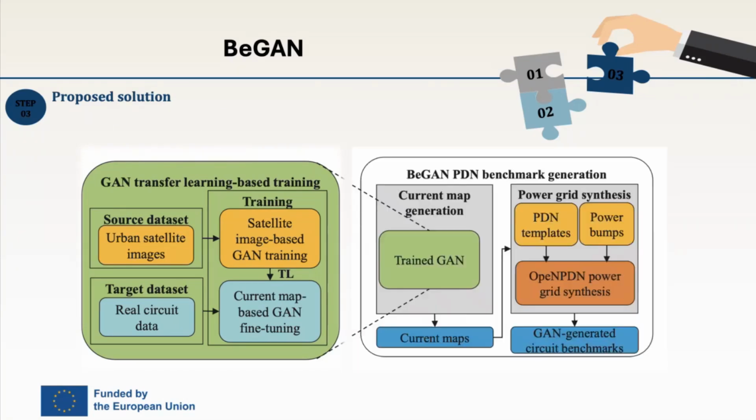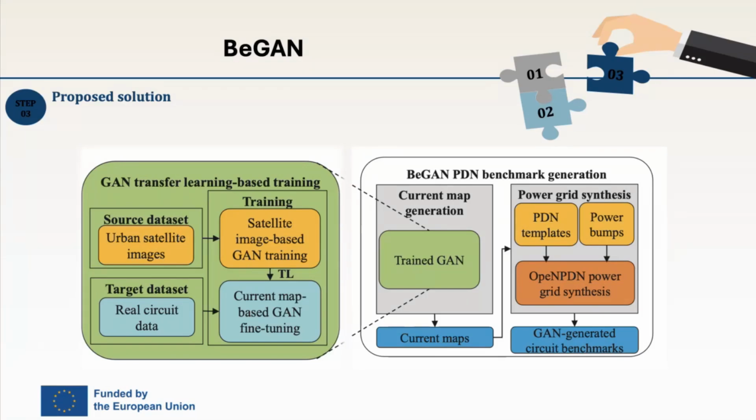Then they moved the model through transfer learning to fine-tune it on the real images, the 10 current maps, and this gave us a GAN model that is able to generate enough current map images to be used in the BDA.